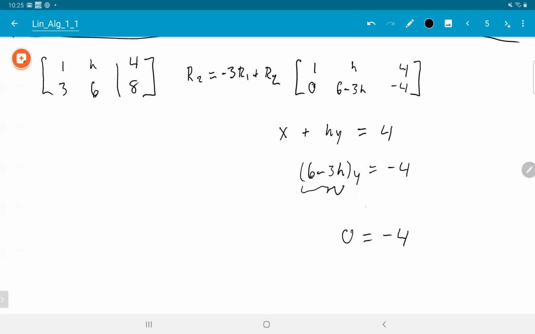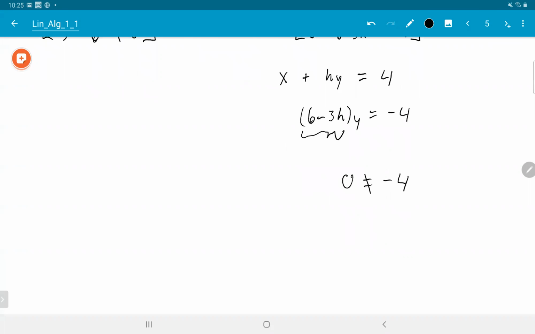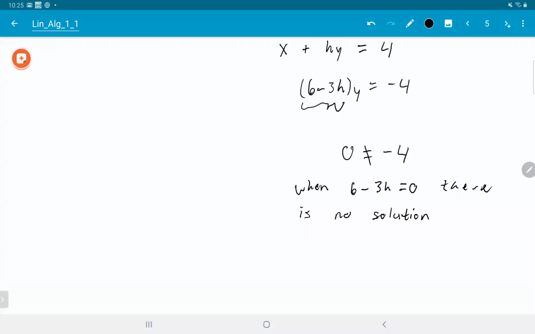But if this is equal to 0, then well, 0 doesn't equal -4. So when 6 minus 3h is equal to 0, there's no solution, or the system is inconsistent. And that, of course, happens when h equals 2.